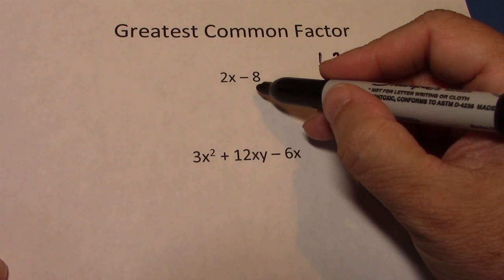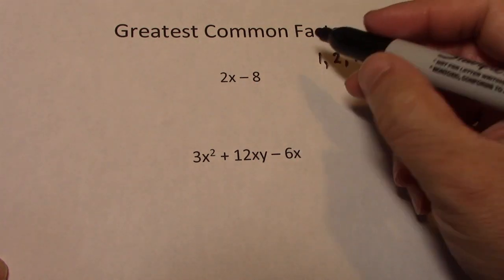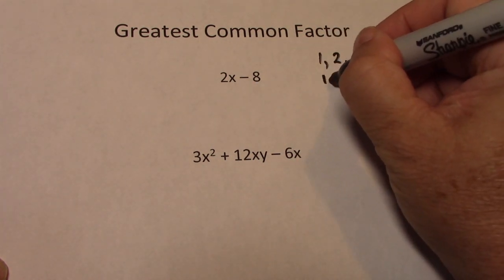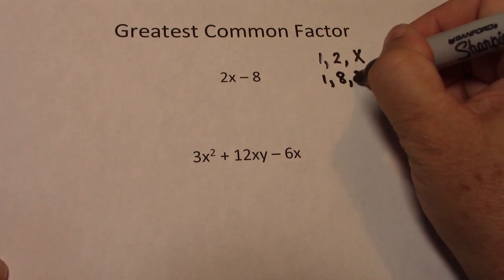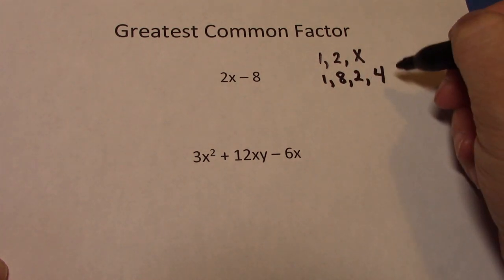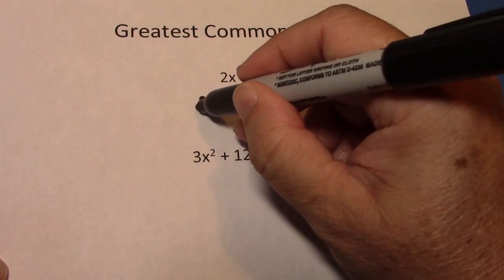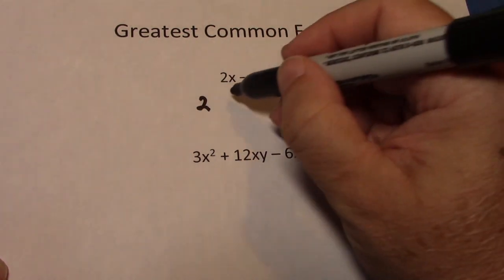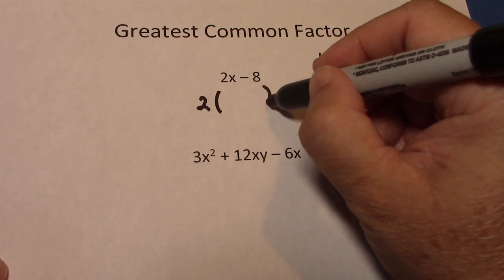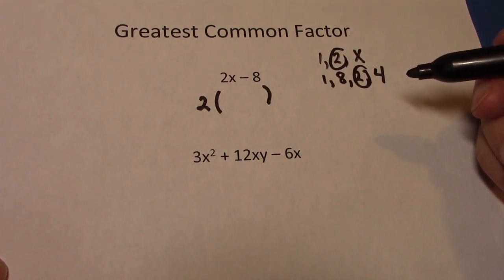The factors of 8, and let's not consider that it's negative for a moment, are 1 and 8, 2, and 4. So it's got common factors here. So we can do what we're going to call factoring out the 2, the greatest common factor.